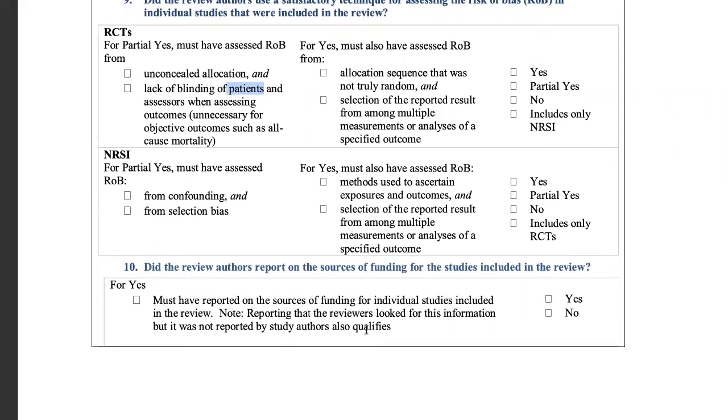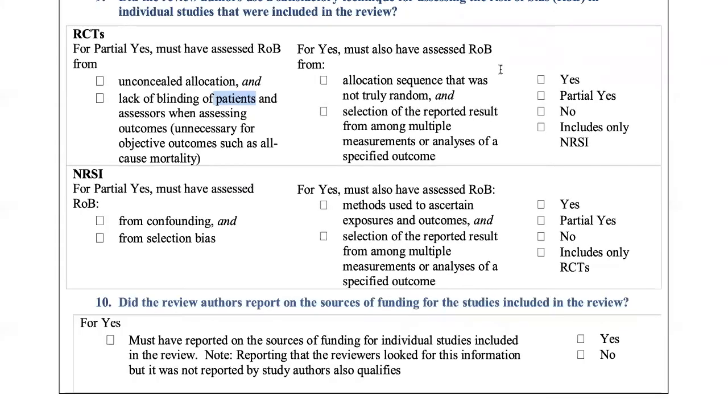And when the reviewers looked for this information but did not find it in the report, it also qualifies as yes. And of course, it's no when the authors didn't even mention that they tried to find the sources of funding for individual included studies.